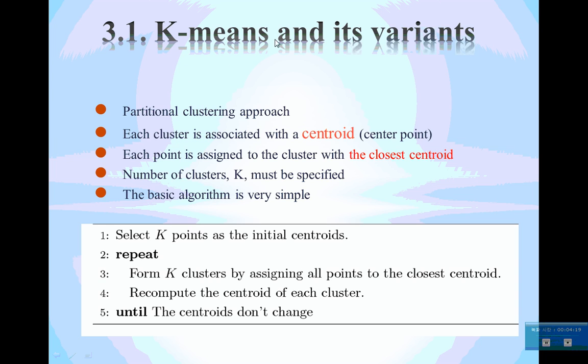First, what is k-means clustering? From the word we can easily understand. First, we choose k points as centers. Then we find those data points that are very close to the centers. Then we get k clusters.